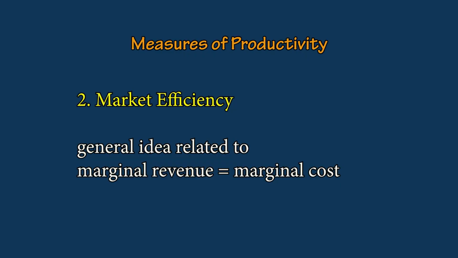Second definition related to the measure of productivity is related to market efficiency. Now, in general, we talk about efficiency in terms of marginal revenue and marginal cost. To be more specific, we say that a farm is operating efficiently when it equates its marginal revenue with marginal cost. But in this case, we shall move towards an alternative definition.